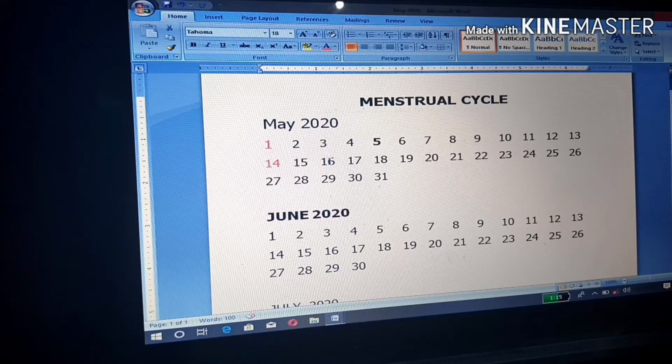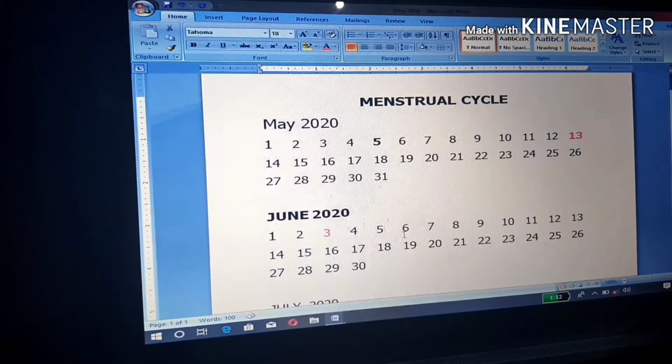Now, if you are applying that to people that have a long cycle, if your cycle is something like 36 days, all you have to do is subtract 14 from 36, and it will give you 22. That means it takes 22 days from the day you started menstruating for you to start ovulating.